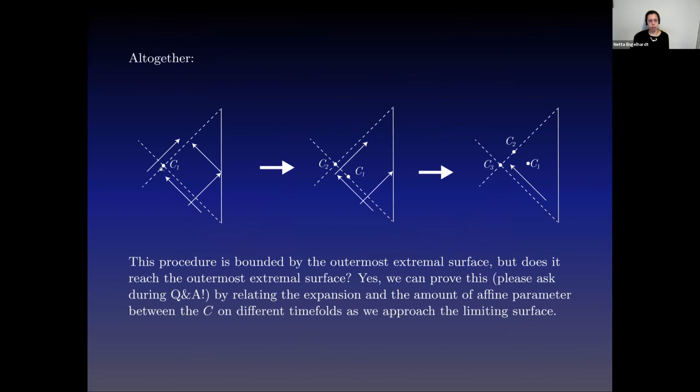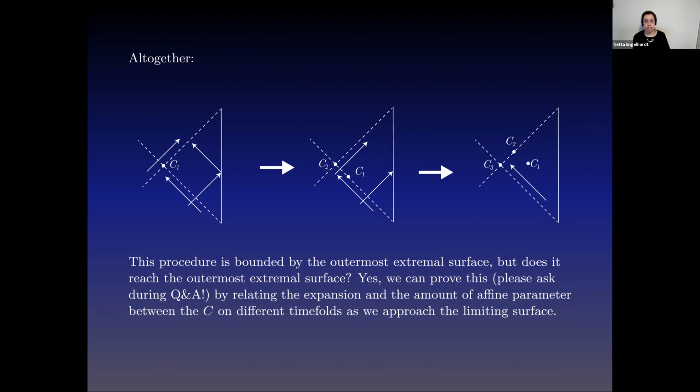Basically, the procedure in sum total: you start out with this surface where there's stuff falling across behind the horizon and also outside. You turn off this, you end up just with those, you turn off those, now you've revealed this one. Now, this is bounded by the outermost extremal surface. You cannot go deeper than that, because once you get to that one, then you're fully stationary and there's nothing left to remove.